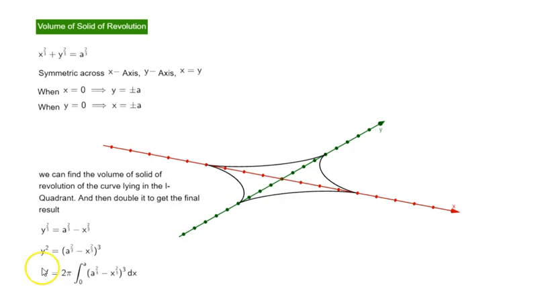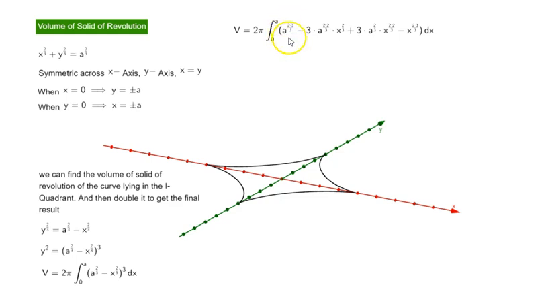The volume of the solid of revolution is equal to 2 pi times the integral from 0 to a of (a^(2/3) minus x^(2/3))^3 dx. V is equal to 2 pi times the integral from 0 to a of, now let's open up this cube.